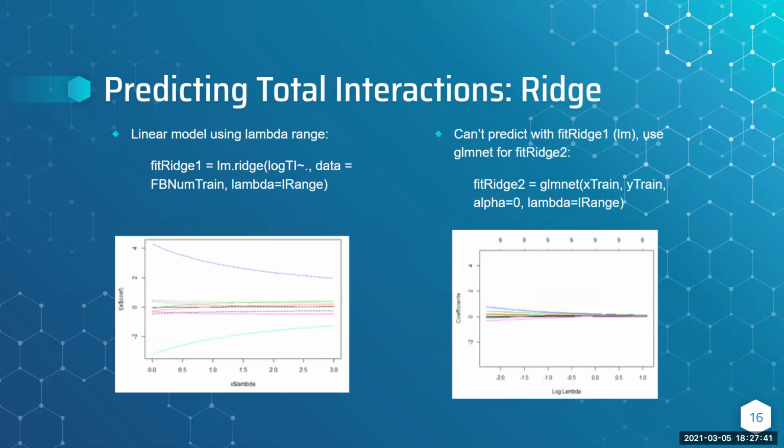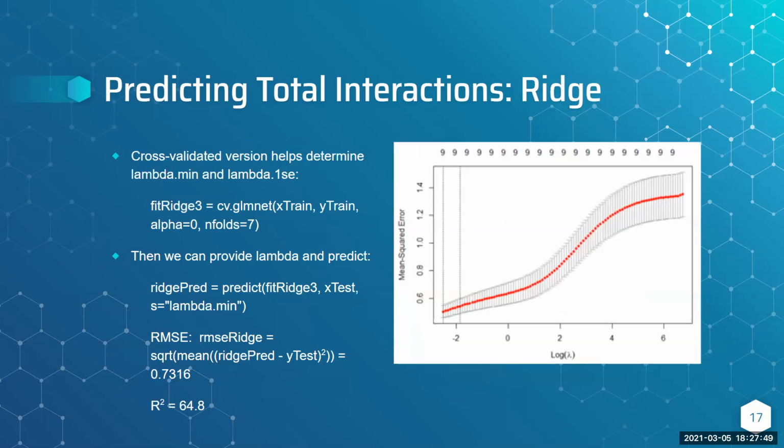So next I did ridge regression, and these are just some preliminary graphs showing the range of lambdas. On the next slide, I did the cross-validated version, and the result was an R squared of 64.8 and an RMSE of 0.7316.